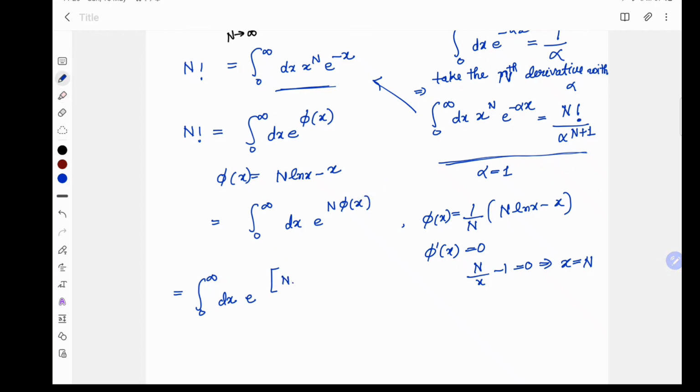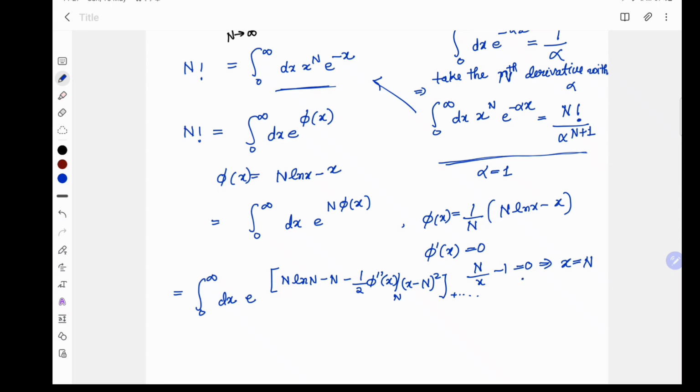So n log n minus n is the value of phi at x equals n. Then the first derivative will be 0, and the second-derivative term is 1 over 2 phi double prime evaluated at n, times x minus n square, and other higher order terms.